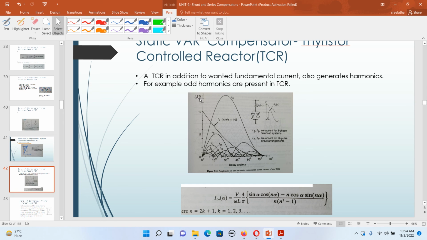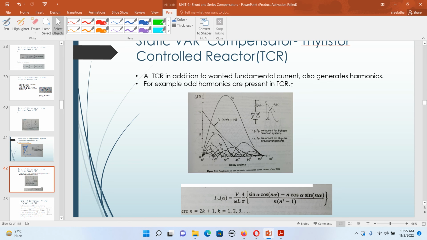Another item is how harmonics are changed. In a TCR, in addition to the wanted fundamental currents, it also generates harmonics. That is the main problem when we have power electronics in our power system.